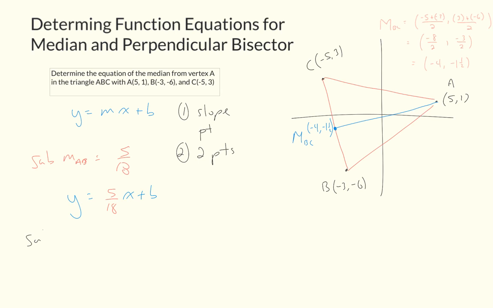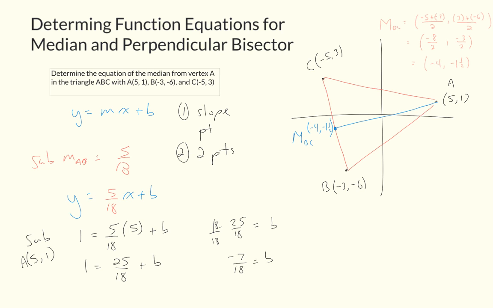And now I'm going to sub in a point, and I can take A or M. I like A, it doesn't have any fractions, so I'm going to sub in A, which is 5, 1, which means that I'm putting 1 in for y, and 5 in for x, and I get 1 equals 25 over 18 plus b, therefore 1 minus 25 over 18 equals b. Well, 1 is the same as 18 over 18, that's easy enough. Now it looks like it's negative 7/18 for b.